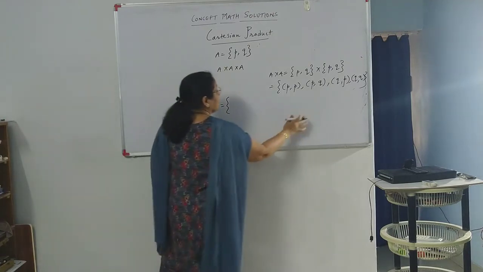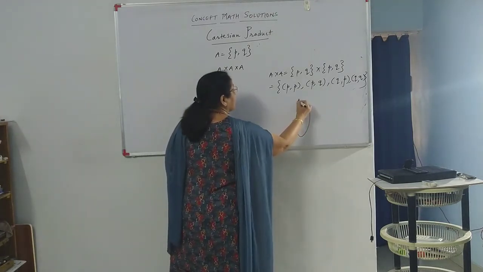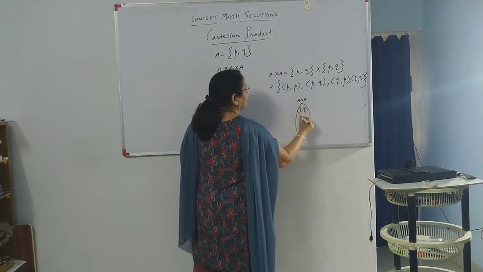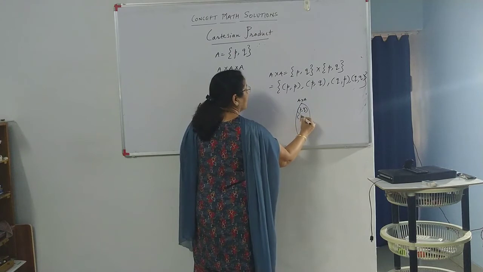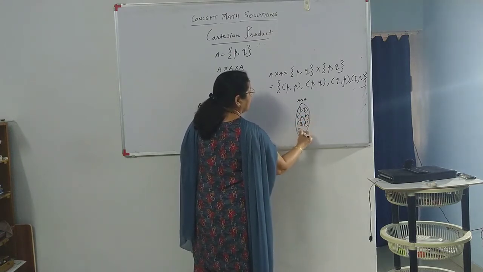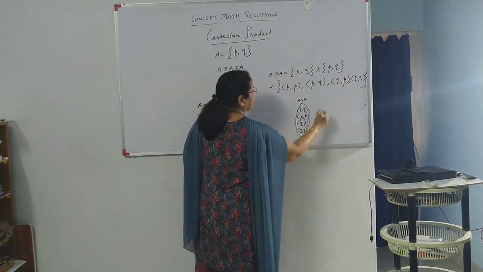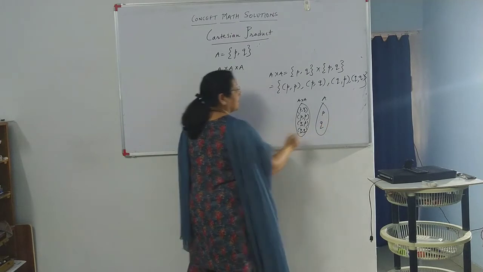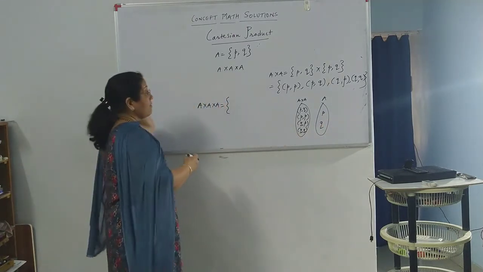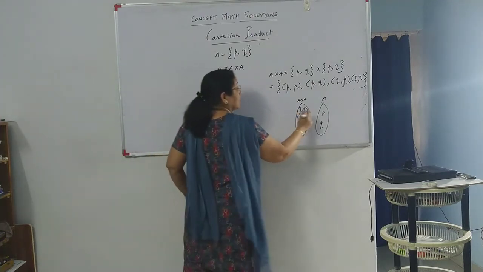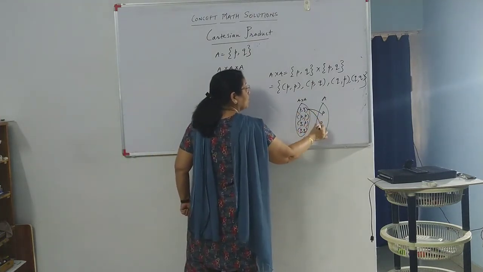So you see, you have A cross A here as PQ as one term, then P comma P as another term, QP as another term and QQ as another term, and then A is PQ, right? So it will have 8 elements now.